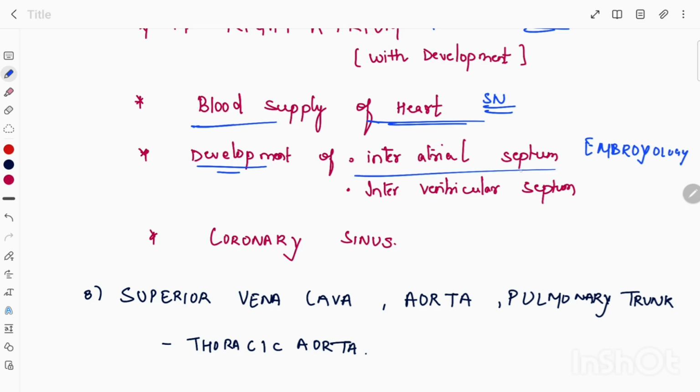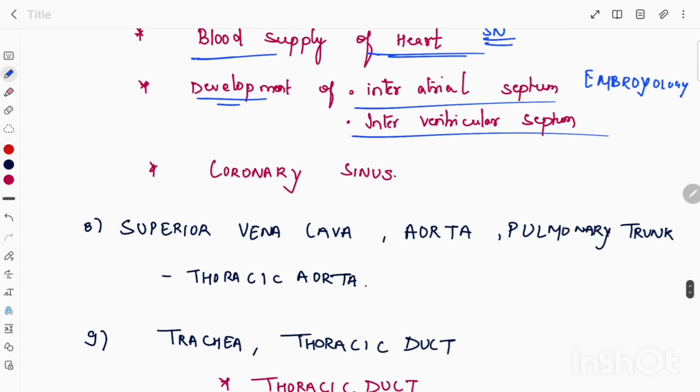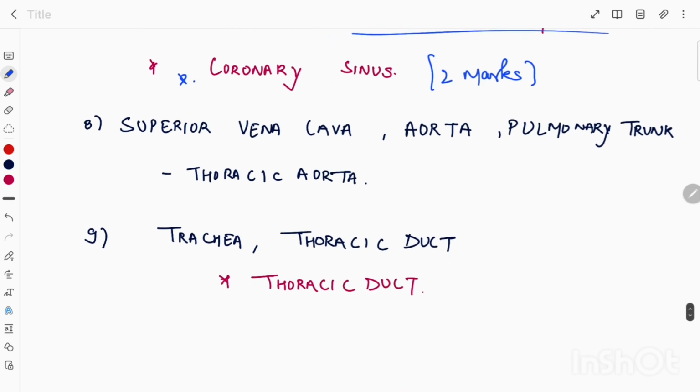So it's very important, you should know this. Then there can be a 2-mark question on the coronary sinus also, where it is draining, where it is coming from, that also.